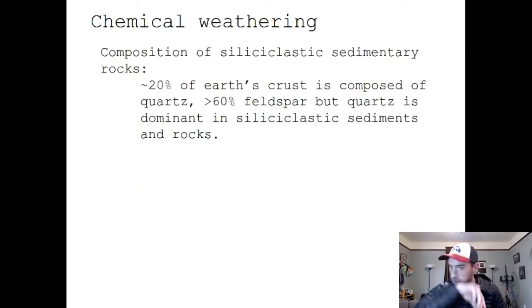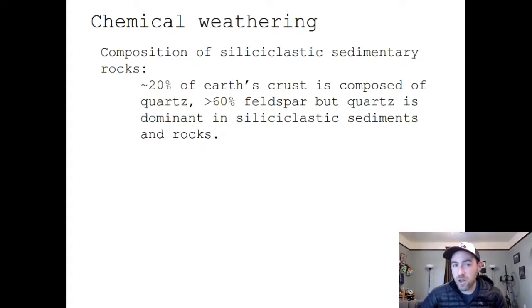There's a kind of an interesting little tidbit about chemical weathering. For example, if you've ever been to, say, the beach or out on the Mississippi River, or looking at any siliciclastic sedimentary environment, you might notice that quartz is the dominant sediment that is preserved in the rock record as sedimentary rock or as stratigraphy, but also the dominant sediment when you go to the beach or you go to a river.